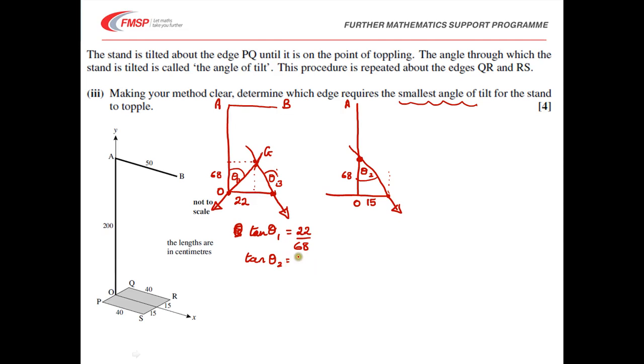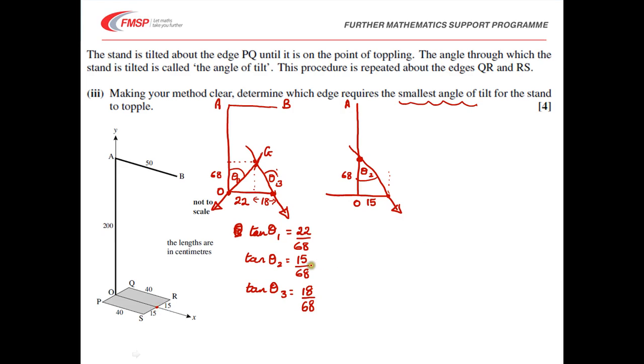The tan of theta 2 is 15 over 68, and the tan of theta 3 is going to be 18 over 68. That 18 is this distance here. It's the 40 minus 22 distance between the centre of mass and the front edge of the rectangular base.